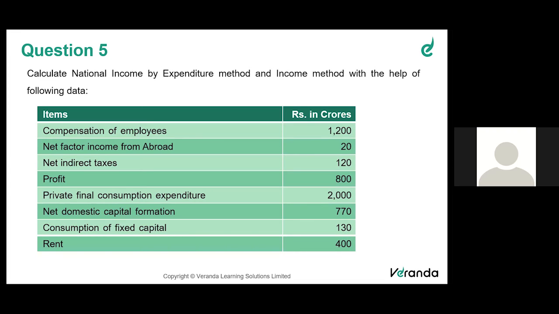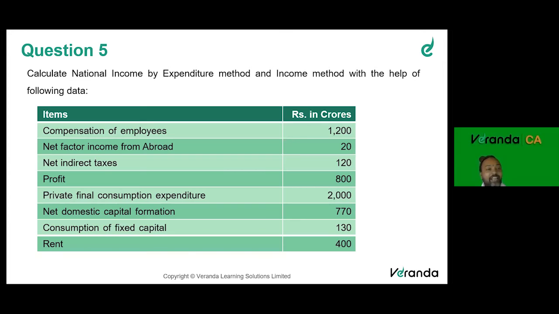Similarly, if there is an excess of expenditure over income, then it is a loss. So both the things would not come in our computation with respect to the formulas we are having. So this net profit, whatever they have provided, we have to ignore. It will not come in the income method or in the expenditure method.